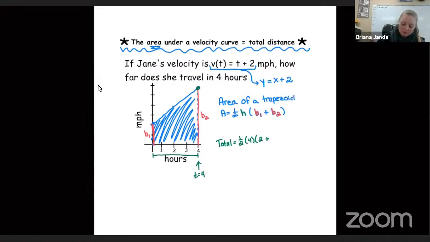And if I want to know what this point is, and this curve is v of t equals t plus 2, I can evaluate it for 4 and figure out where that is. So I'd have 4 plus 2, or at time equals 4, we've got a base length or a height of 6 here, which means our total distance traveled would be, let's see, 1/2 times 4 is 2, times 8 is 16 miles.